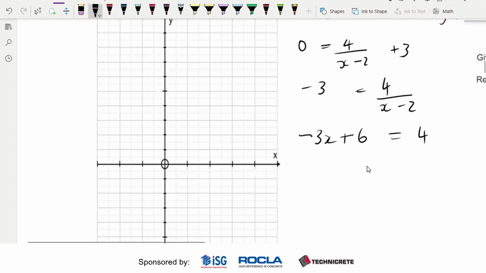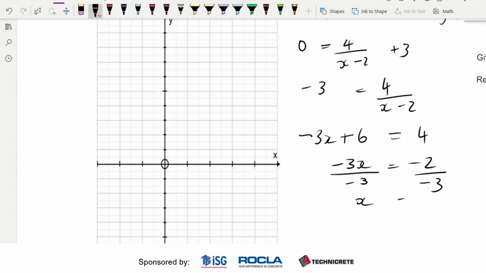We can subtract 6 on both sides, and we'll have negative 3x is equal to negative 2, dividing both sides by negative 3. x is equal to 2 over 3. So this is going to be (2/3, 0) for our x-intercept.